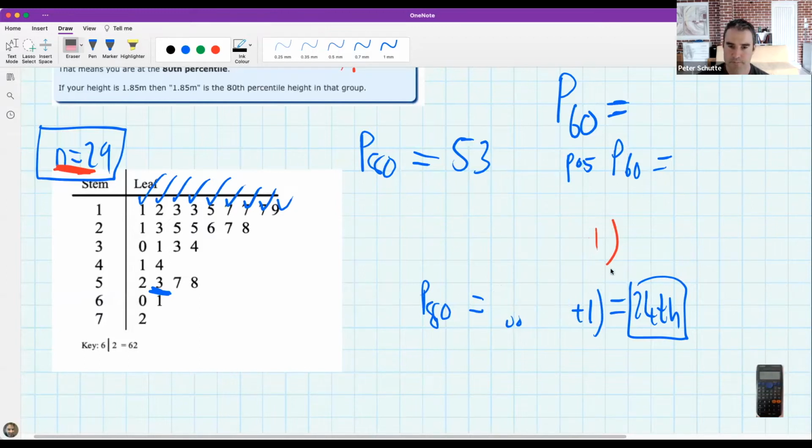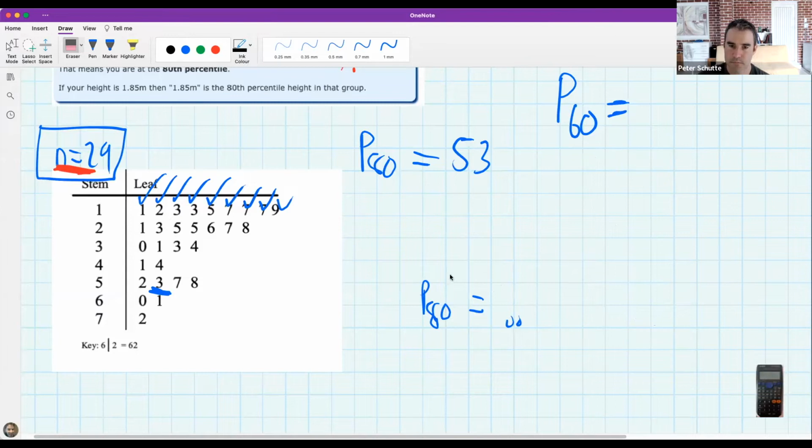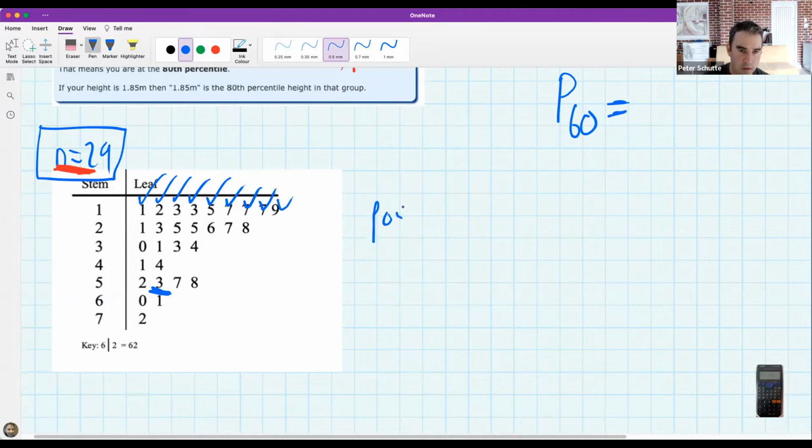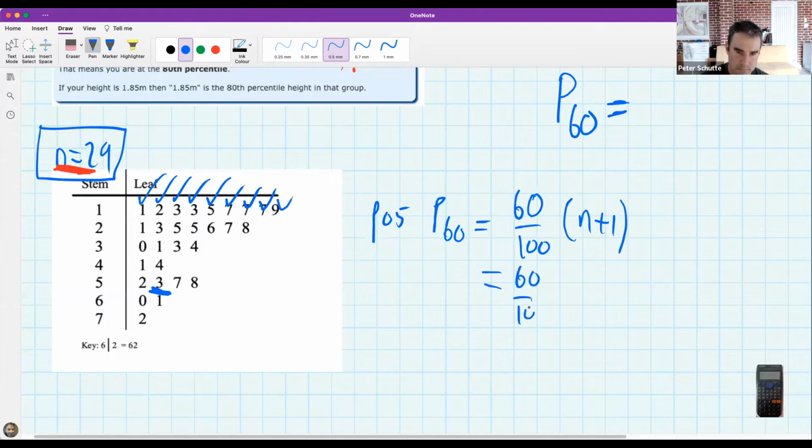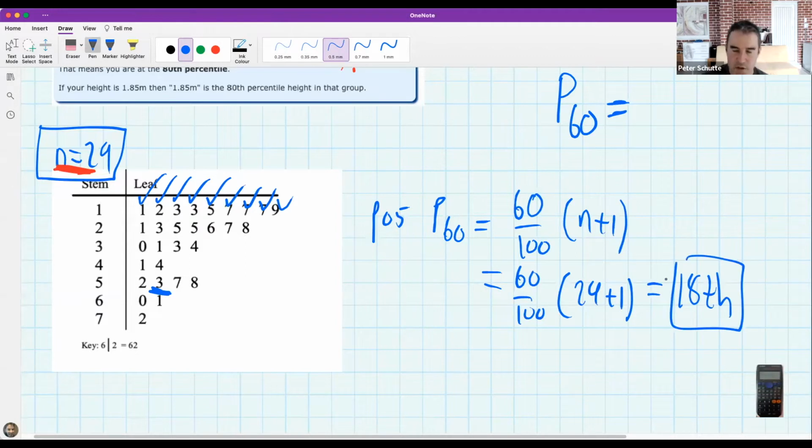So I'm going to go 60 over 100 times n plus 1. And what is the n going to be? It's going to be 29 plus 1. So, okay, the position is the 18th position in the list.